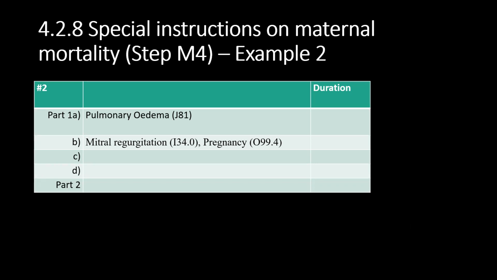Let's go through another example. Line 1A, pulmonary edema, J81. Line 1B, mitral regurgitation in pregnancy, I34.0 and O99.4.